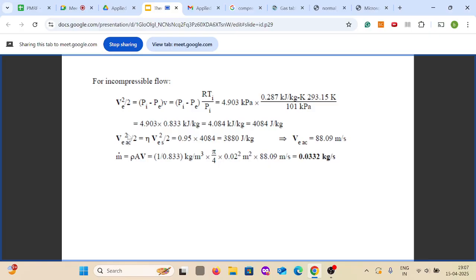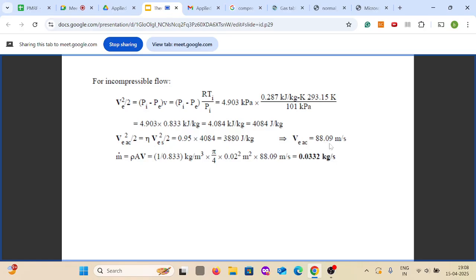So V square actual by 2 is nozzle efficiency into V square isentropic by 2. So nozzle efficiency is 0.95, and the isentropic flow case kinetic energy is 4084. So the actual one is 3880 joules per kg.